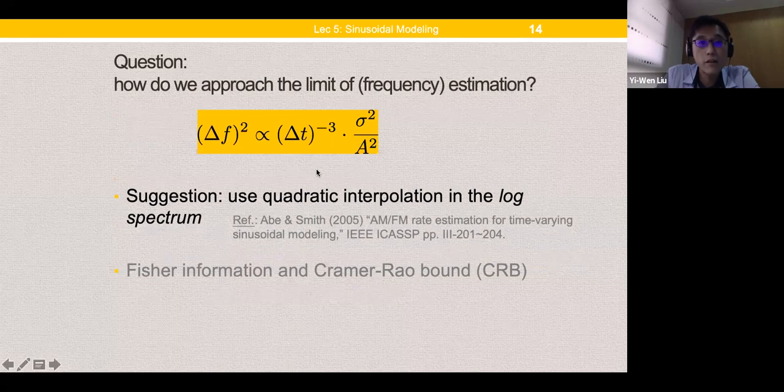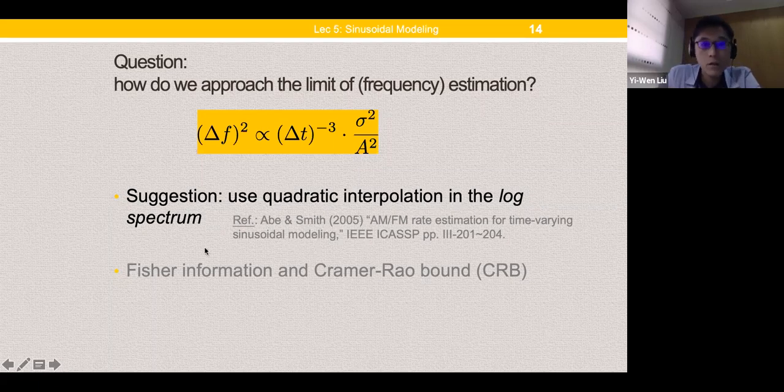A very straightforward way, as we will take a look, is called quadratic interpolation in the log domain. Here's a reference in ICASSP. Smith is my advisor, Julius Smith, and Abe was at that time visiting from Japan and worked with Smith. They proposed this rather simple method, which turns out to be pretty robust.